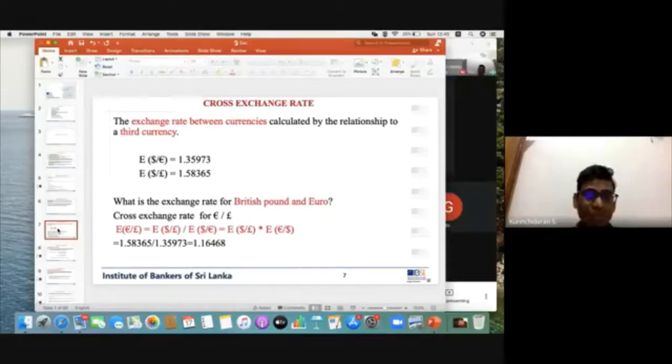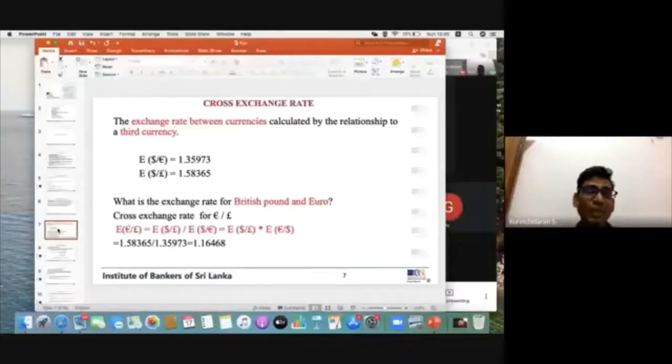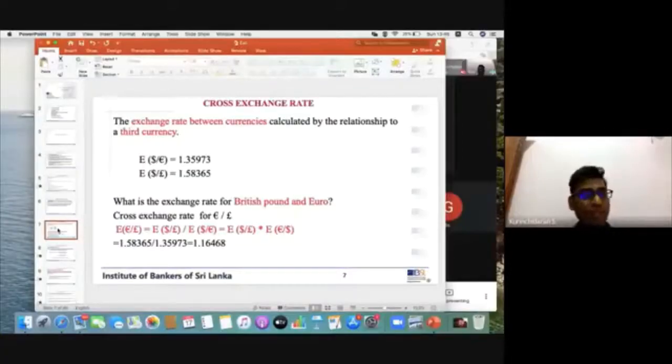So let's assume you have the rate of euro dollar, and you have the rate of sterling pound dollar, but you don't have the rate of euro sterling. Now the question comes. Even for Sri Lankan rupees, the exchange rate versus Zimbabwe or Mexican currency may not be readily available.